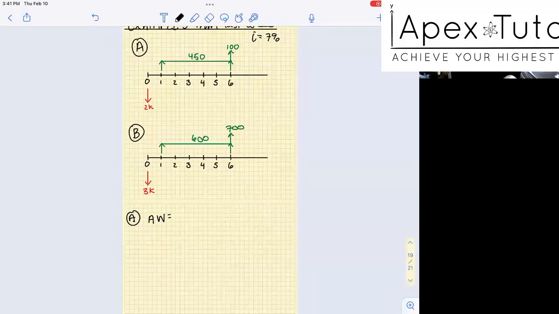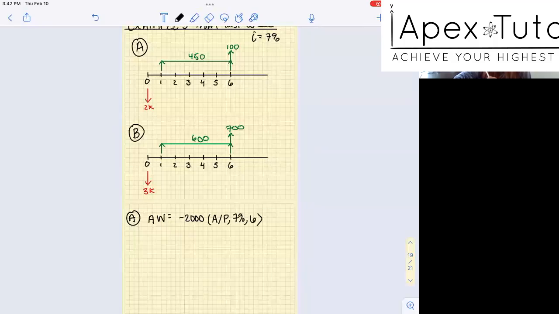Negative. So we're going to write negative 2,000. What letter is the 2,000? Present. But what letter do we want? A, annuity. Very good. Because we're doing annual worth this time, we want A and we have a P, so we have to convert it. Our interest rate was given as 7%, and we're converting this over 6 years.